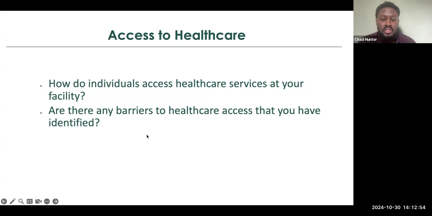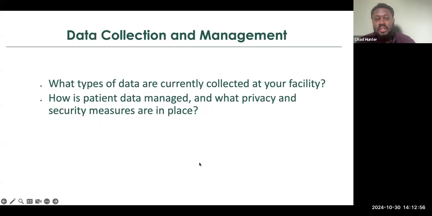All right, I'm gonna move on to our next question. So now we're going to get into the data. What types of data are currently collected at your facility, and how is patient data managed, and what privacy and security measures are in place at your facility for that data?